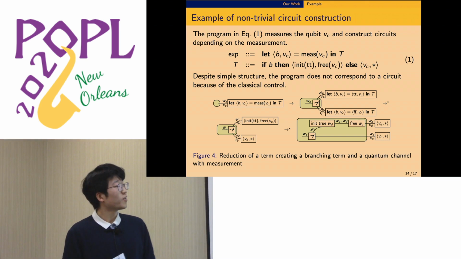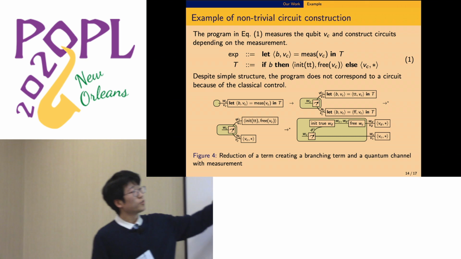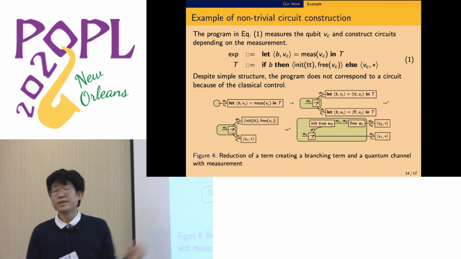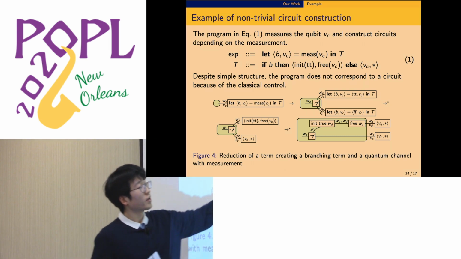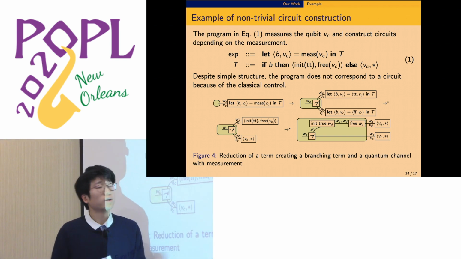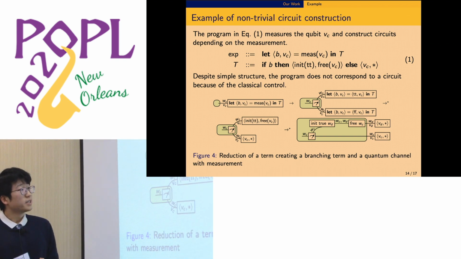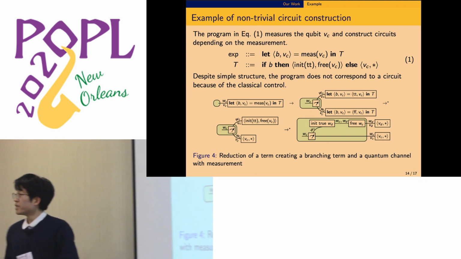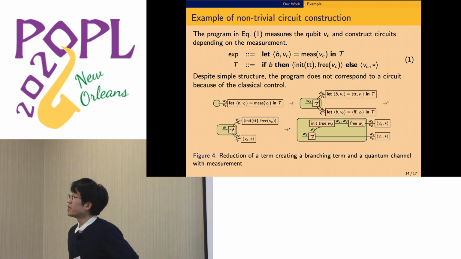Here we can reduce this a bit further by branching two terms that don't necessarily need to be calculated. So it seems that it's sort of delaying. In Quipper, it would be a bit more eager than in your situation. Yes.